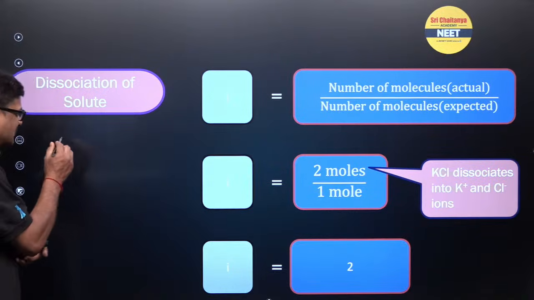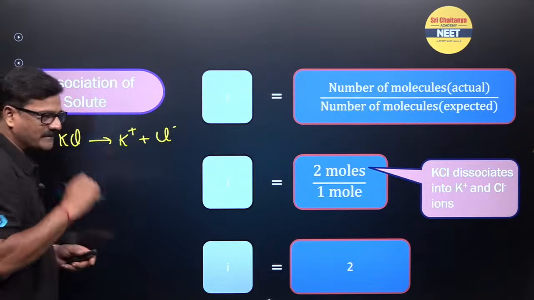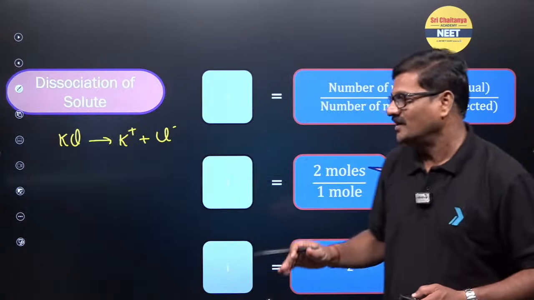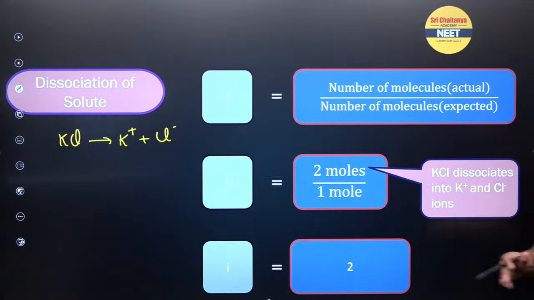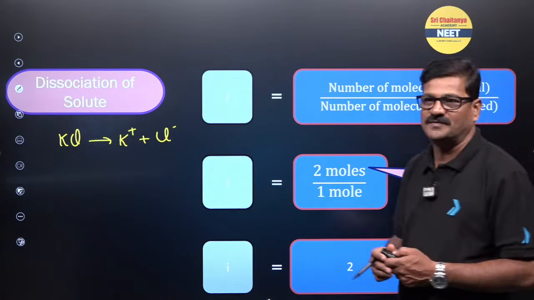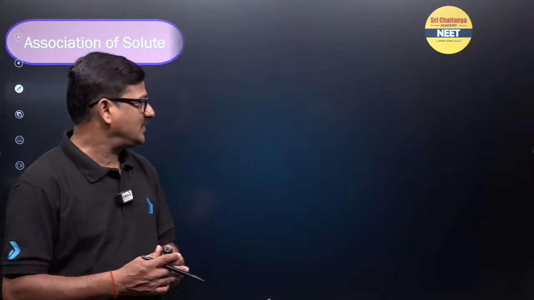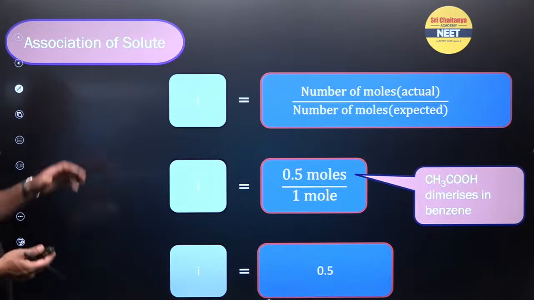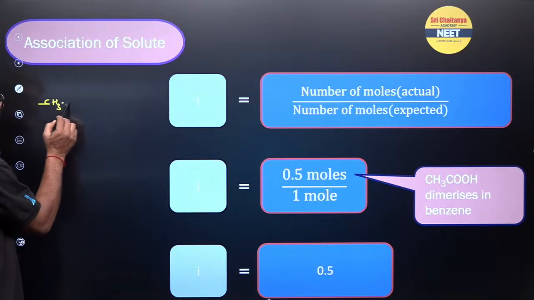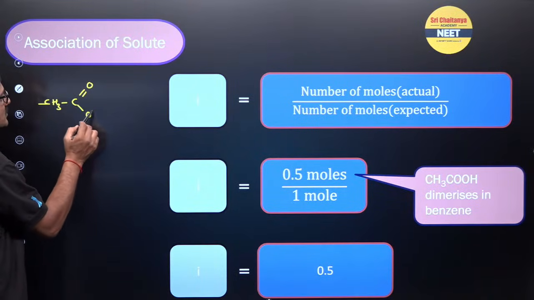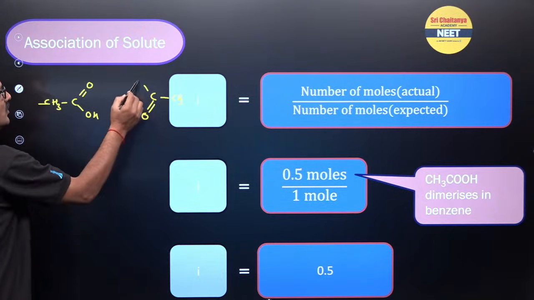As an example, KCl dissociates and gives K plus and Cl minus, right. So it is going to give 2 moles of particles for 1 mole of KCl, giving a Van't Hoff factor of 2 if it is 100% dissociated. But in association, the molecules join together, like acetic acid in benzene, CH3C double bond O OH and CH3C double bond O OH.